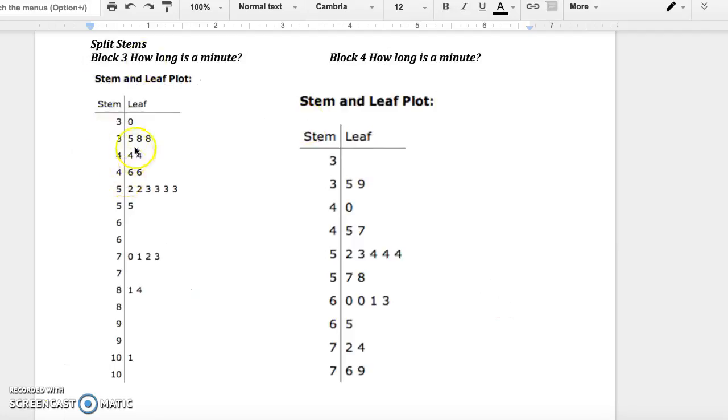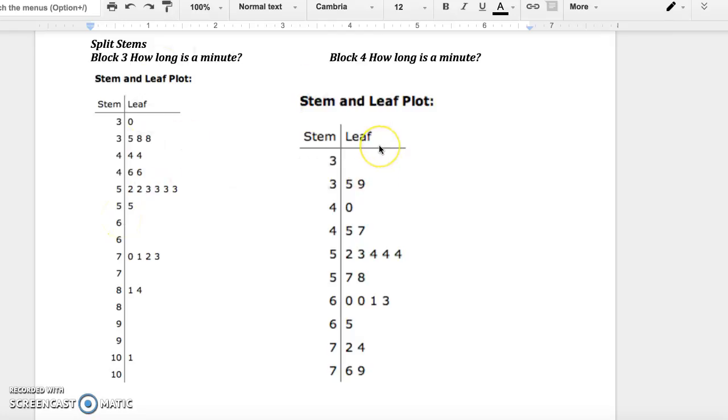Splitting stems happens when we separate in the ones column, the 0 through 4 from the 5 through 9. So here this would be 30 through 34, here 35 through 39, and so on down. It can give us a better picture of the overall data set. Let's say our data only varied from 29 to 41. If we just did it without splitting the stems, then it would all be basically in one area.